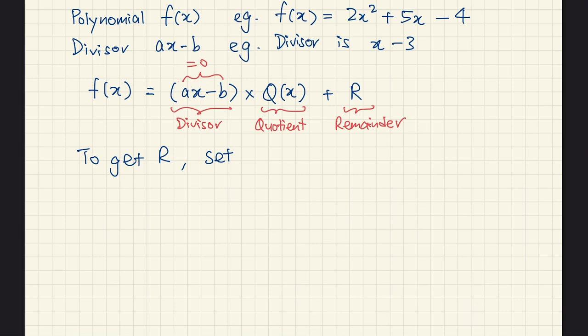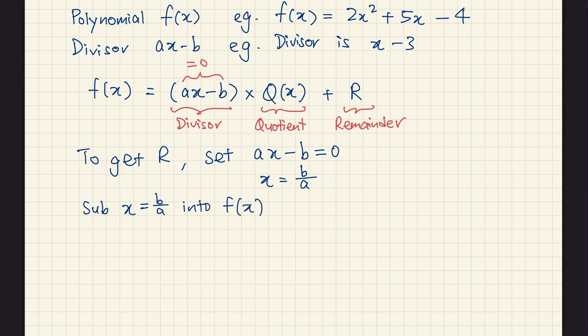And so to get the r, we set the divisor ax minus b equals 0, and therefore x equals b over a. So we substitute x equals b over a into f(x).